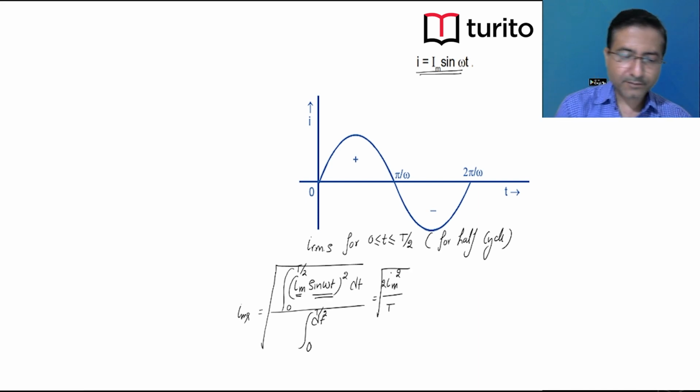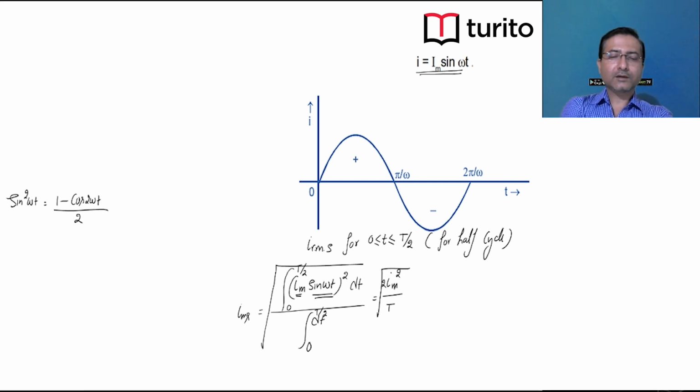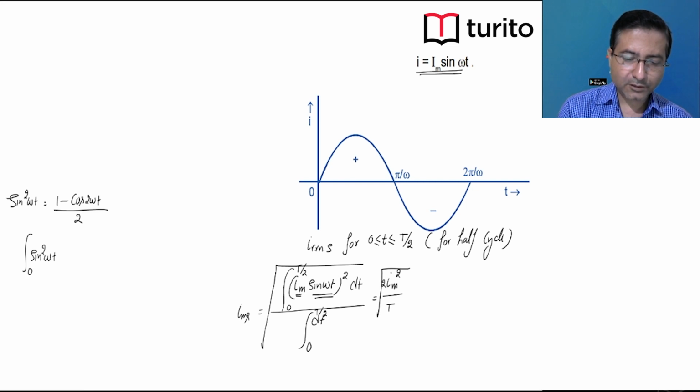Now sine square omega t can be written as 1 minus cos 2 omega t by 2, right? So if I substitute this value here, let's calculate the value. I need the integration of sine square omega t from 0 to T by 2 dt. So here this will become dt by 2.